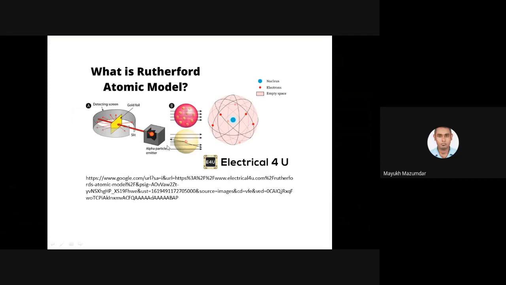Okay, very good. Can you tell me why this kind of detector screen was used? A circular kind of thing? Sir, I don't know about it. No, no, you can guess from the picture.